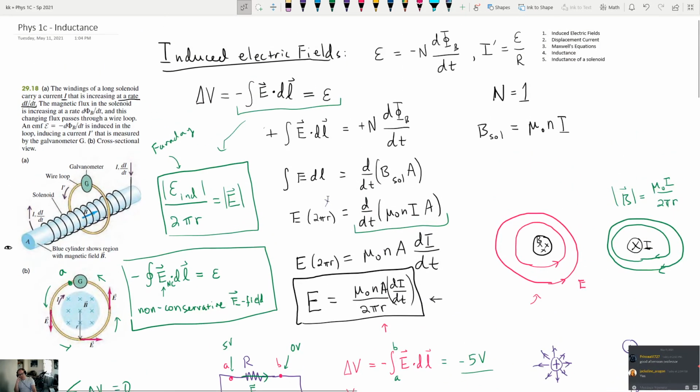To summarize what we've done, we looked at a solenoid. We analyzed it using nothing new, just equations we've learned in the past week, as well as our definition of voltage, of EMF.